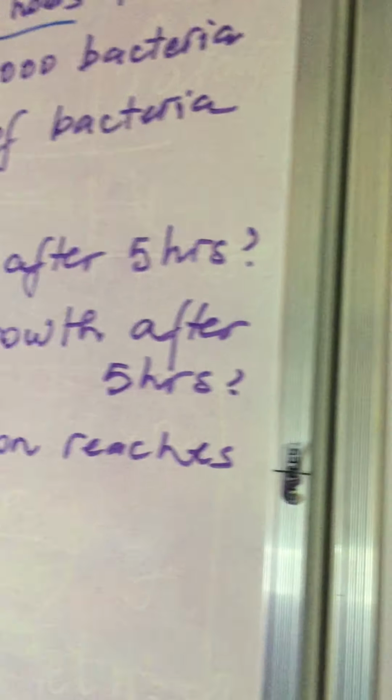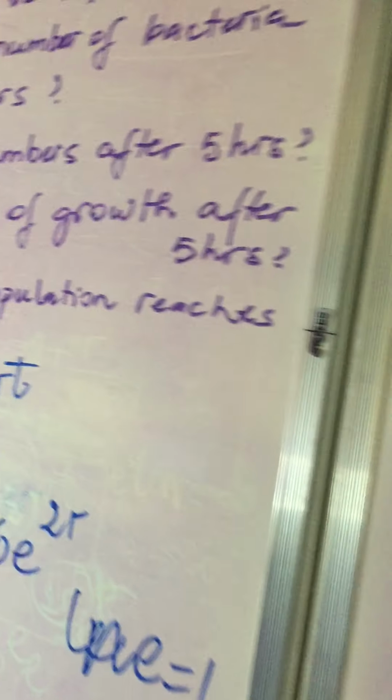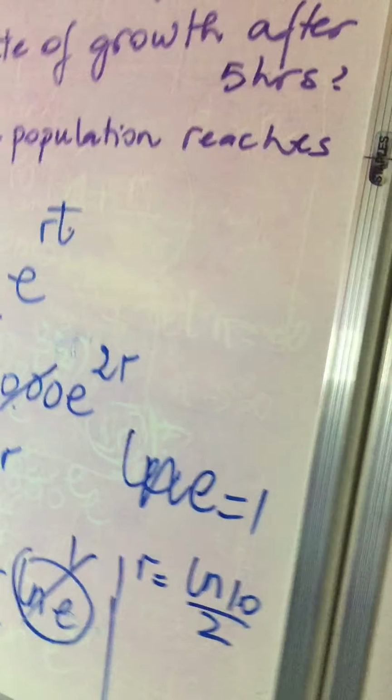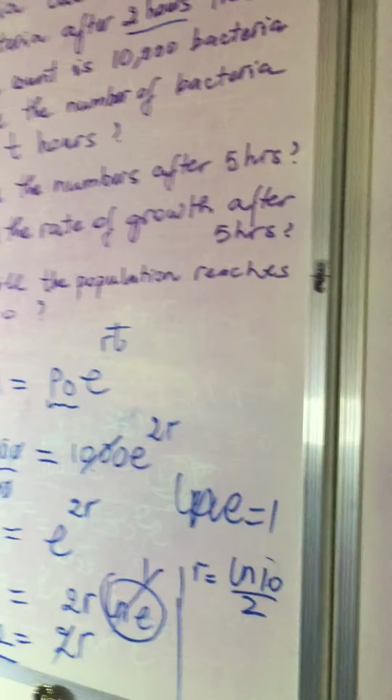So to answer question A, the amount after t hours will be A equals the same equation, 1000 for P0 and e to the rt. Now we know r equals ln 10 over 2, so we can say e to the ln 10 over 2 times t. Because we don't know how many hours t is, we just leave it. So that's how you answer question A.